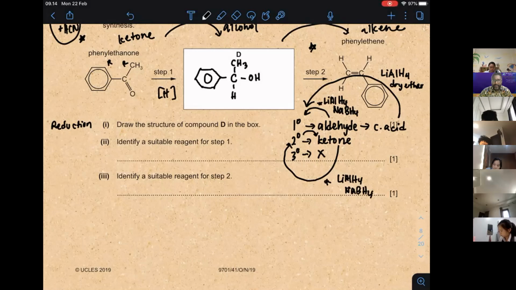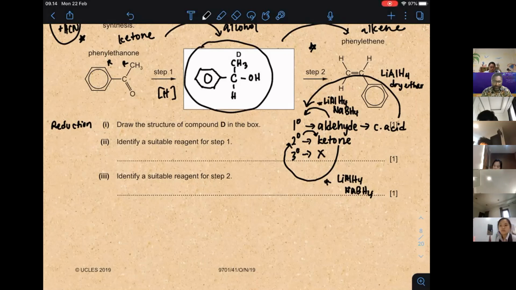So here, when they say identify the reagents, and before that, when they are asking me to draw the structure, they didn't specify what kind of structure, display formula or structural formula.